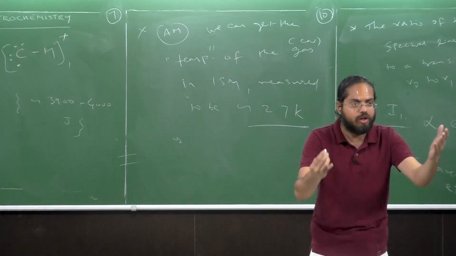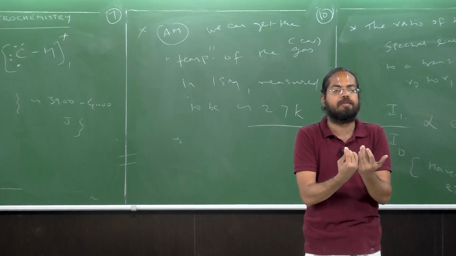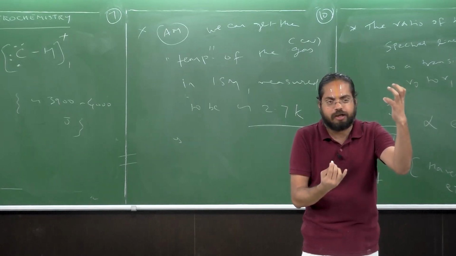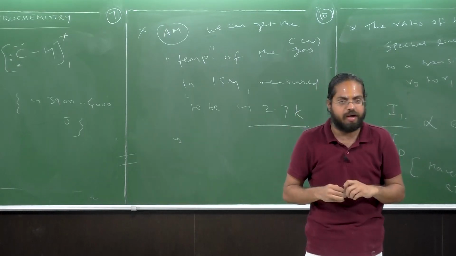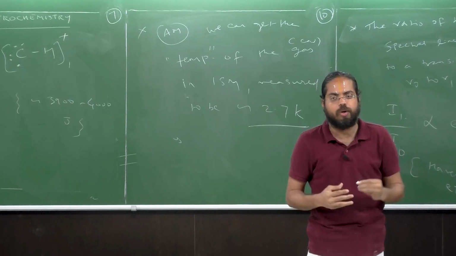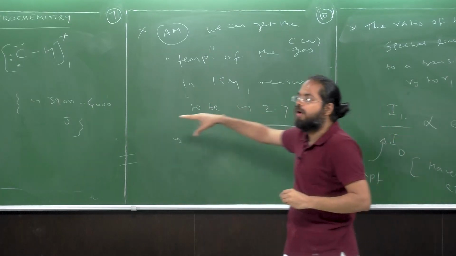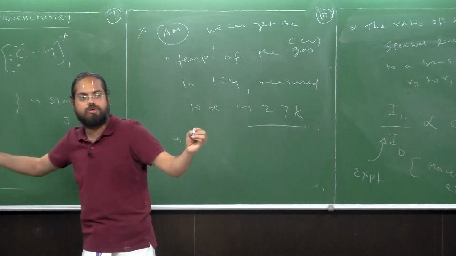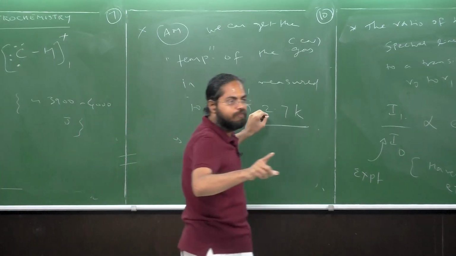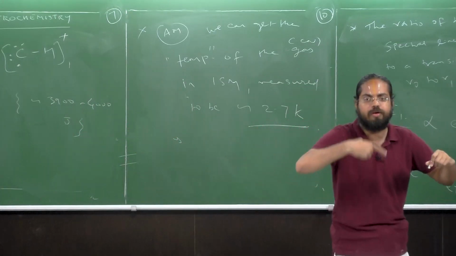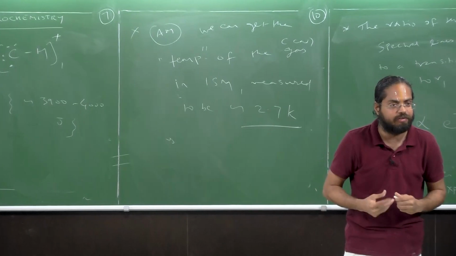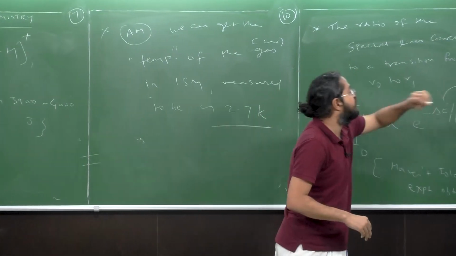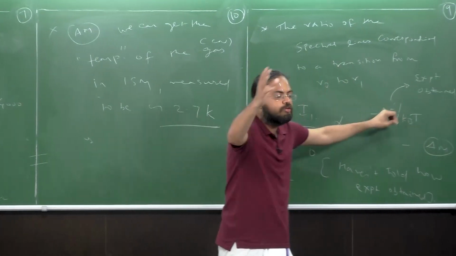Now, recall that in our discussion of the dense molecular clouds, the diffuse molecular clouds, etc., we keep talking about the places where molecules are found in the ISM, the molecular clouds, the temperatures are very cold. That is a feature we've always been constantly discussing in this class. Here was an experimental determination, starting from the spectrum.